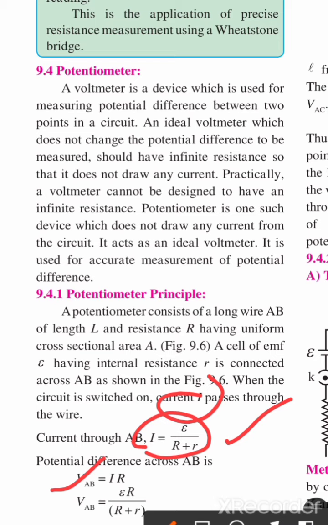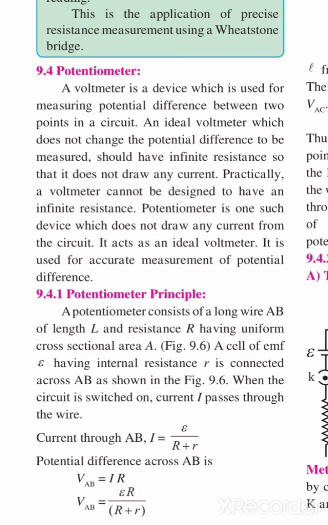Putting the value of I, V_AB is equal to ER divided by R plus r.